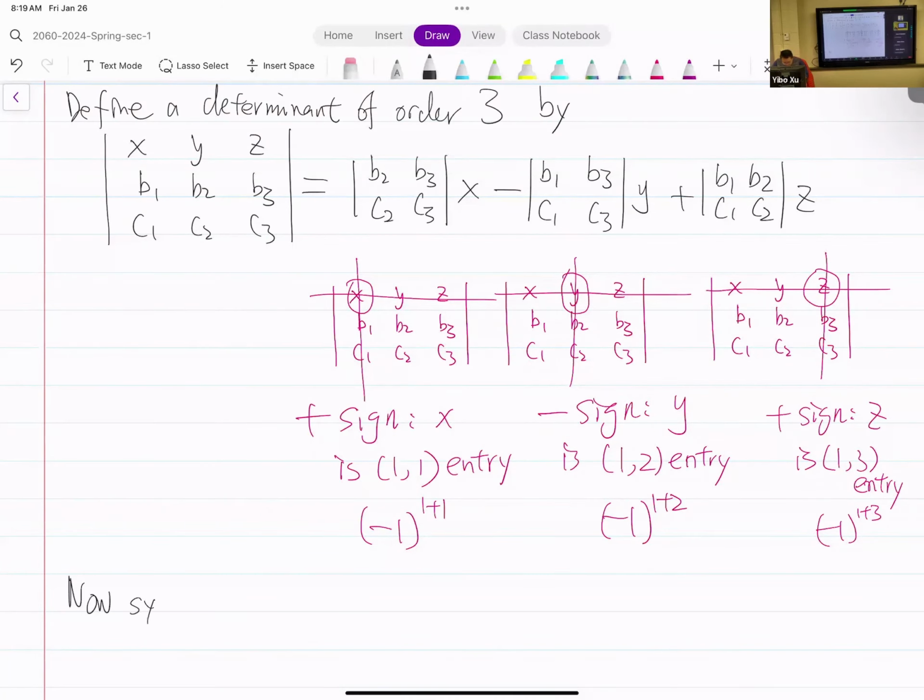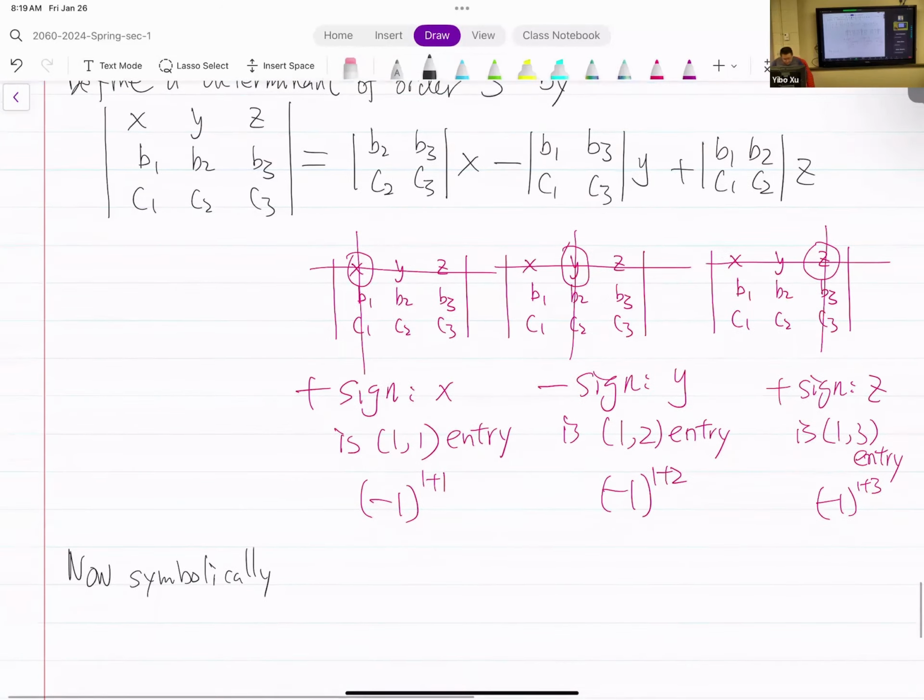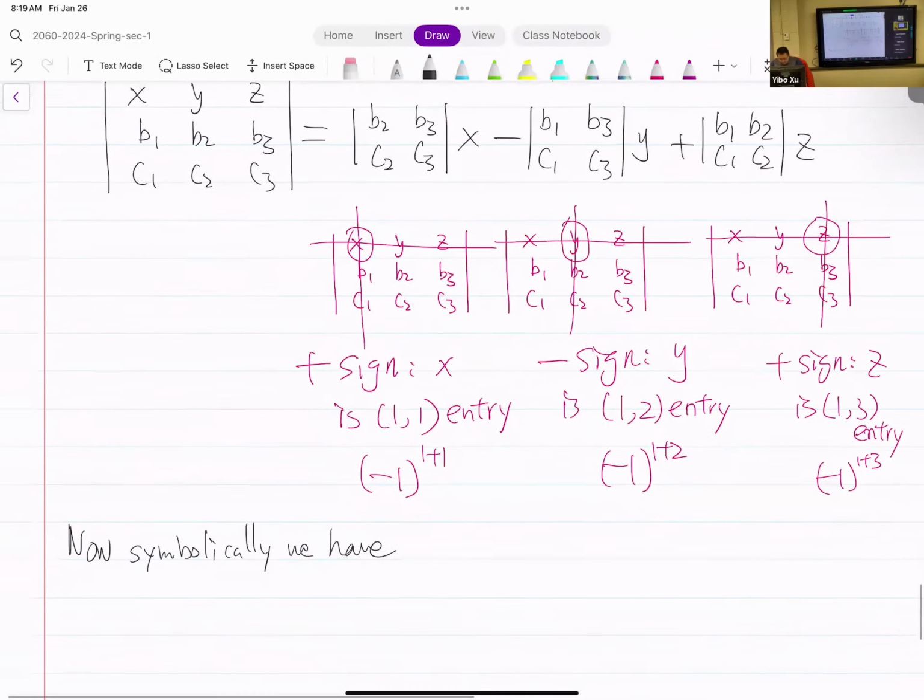Now, symbolically, notice that here x, y, z, the first row, they are just symbols. They don't really have to be numbers. They can be vectors. So we can just replace x by i, y by j, and z by k. Okay. Symbolically, we have the following.